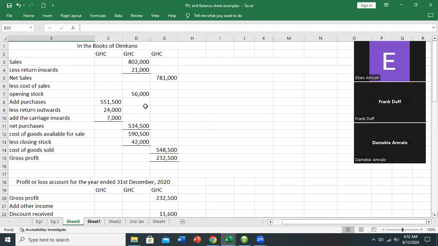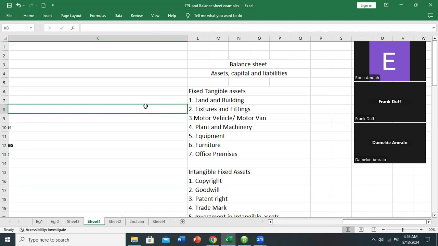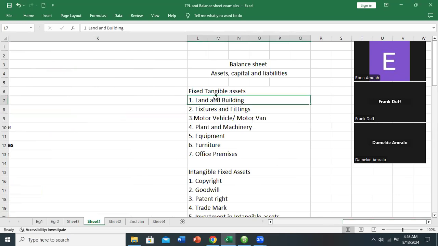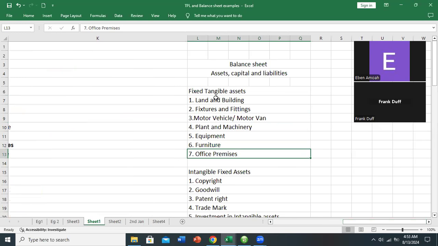And then we can, okay, so this is the list I was referring to of all the possible fixed assets you can come across under the sole proprietorship. So we have the land and building, we have the fixtures and fittings, motor vehicle or motor van, plant and machines, equipment, furniture. You see, one thing is that when you see the item, ask yourself, is this item a resource or a property?